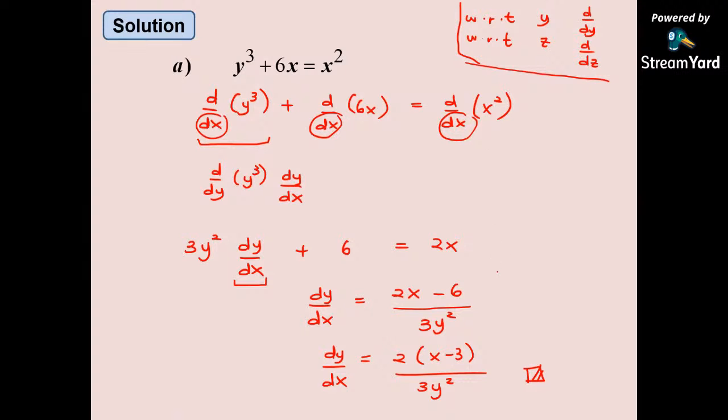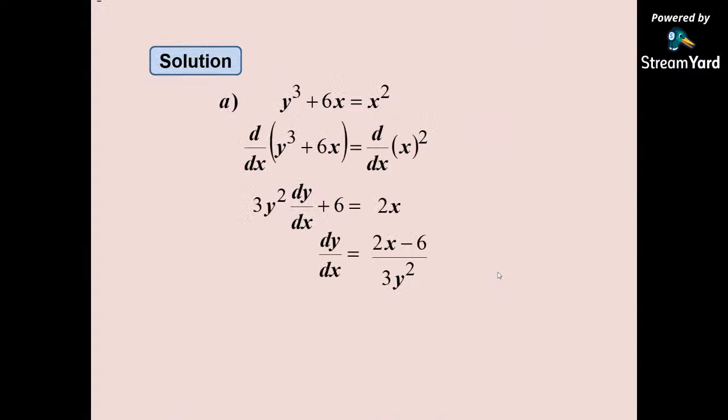Okay, so I have done A, and I think it's your turn to do B. But I'll give you one hint first. So this is d over dx of x ln y equal to d over dx of e to the 2x.